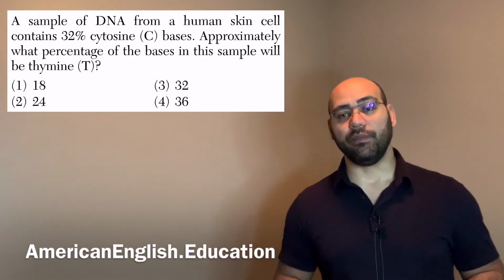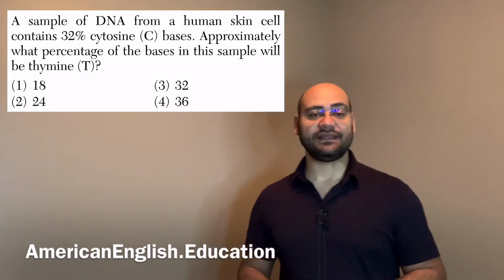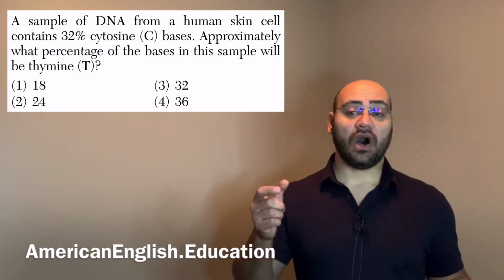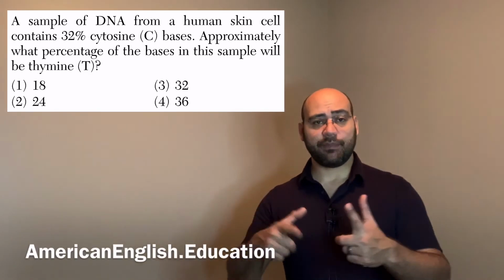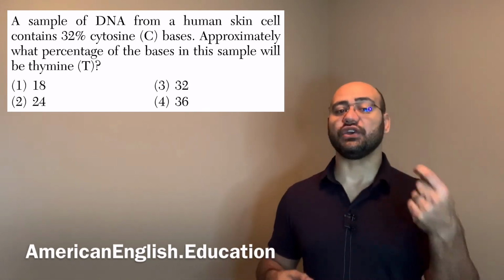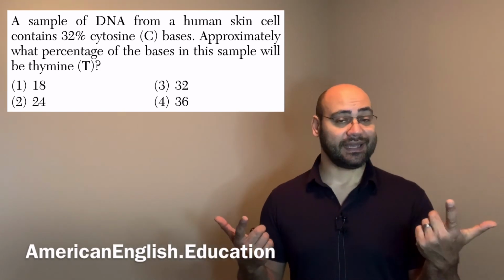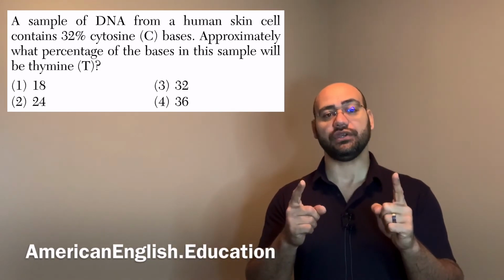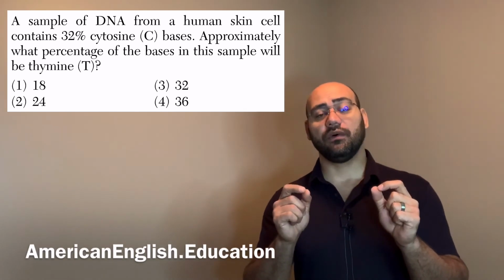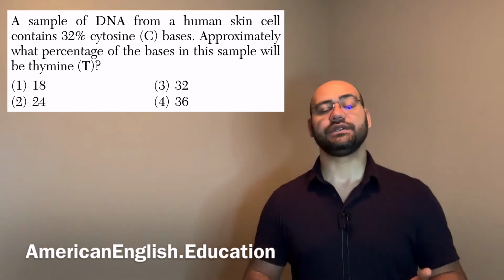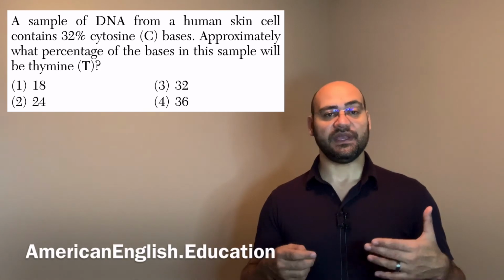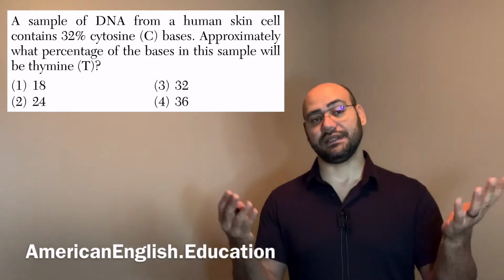So for example, in this case, we have cytosine of 32%. Automatically, I know, because it pairs up with guanine, guanine is 32% as well. Like I told you, it's a 1-to-1 ratio, okay? So now, obviously, we're talking percentages here, and that means there's 100%. That's the whole number.